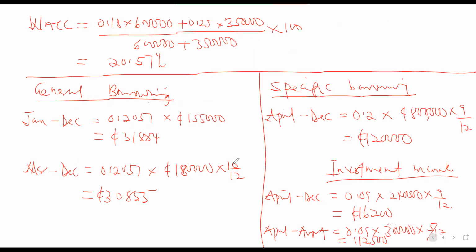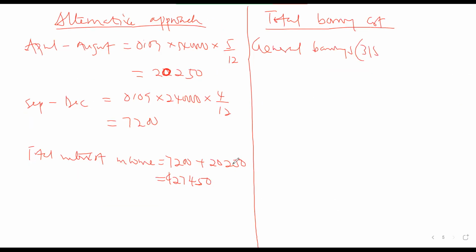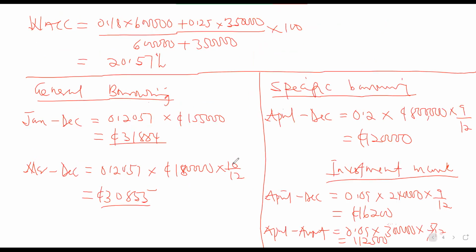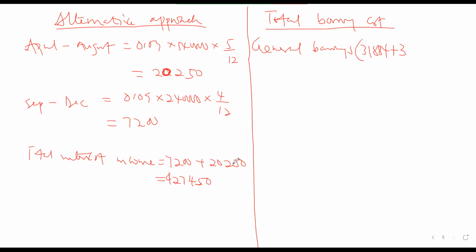So we have 31,884 plus 30,855. What is the total? I'm having 62,739.